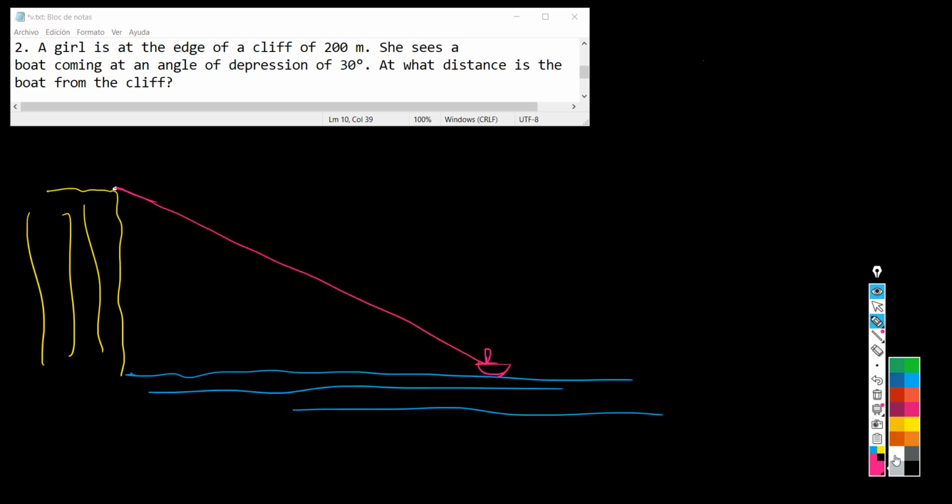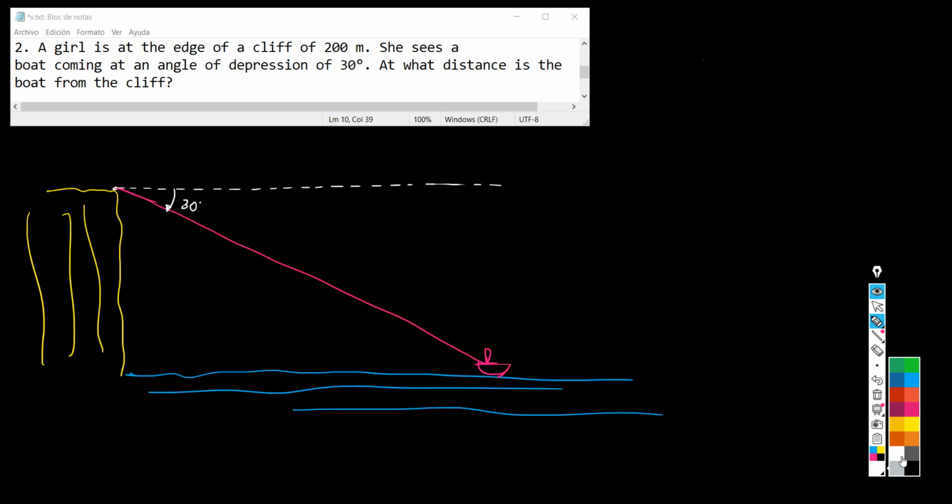And remember, guys, the angle of depression is the following angle. This is the horizontal, the girl is looking down, so this is your angle of depression. This is 30 degrees.